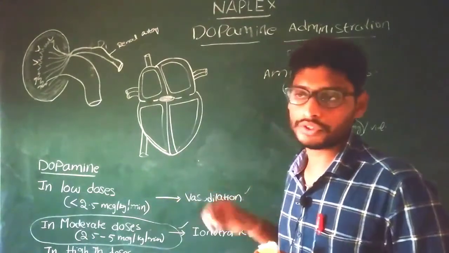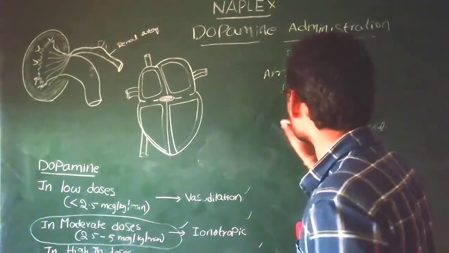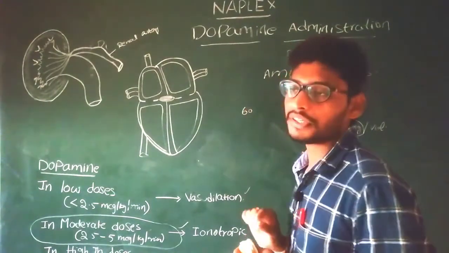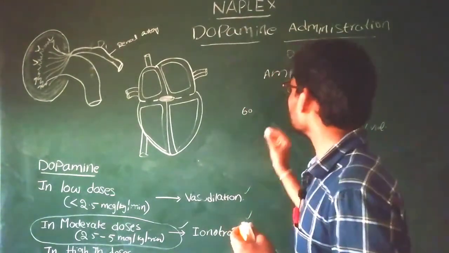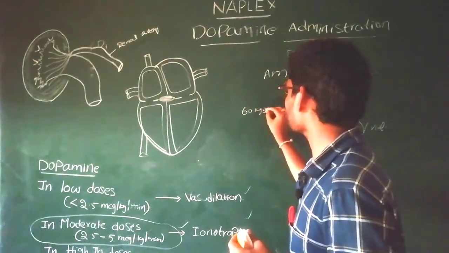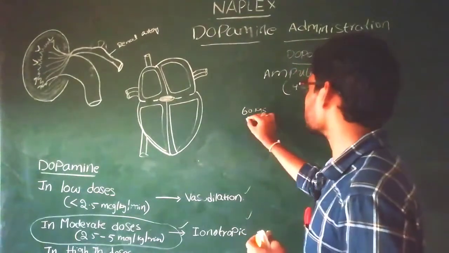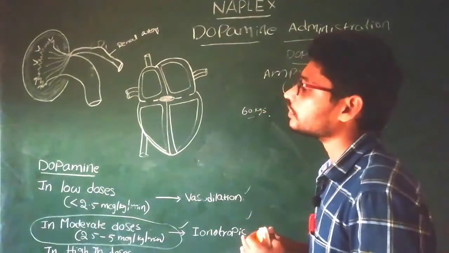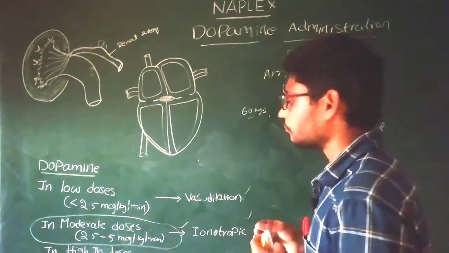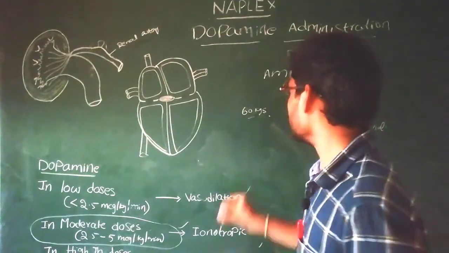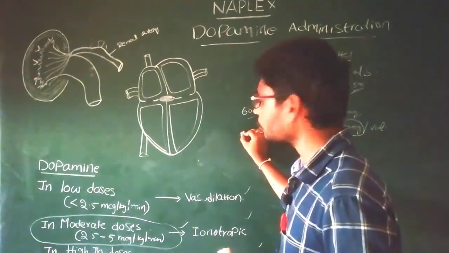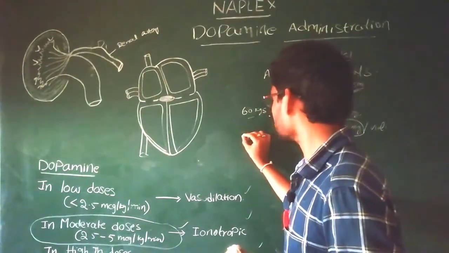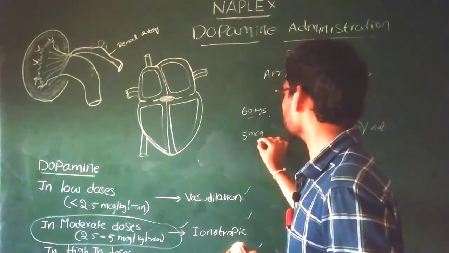For example, if the patient admitted to the emergency department has a weight of 60 kgs, how do we dilute and administer the dopamine? Let us say the preferred dose is 5 micrograms per kg per minute.